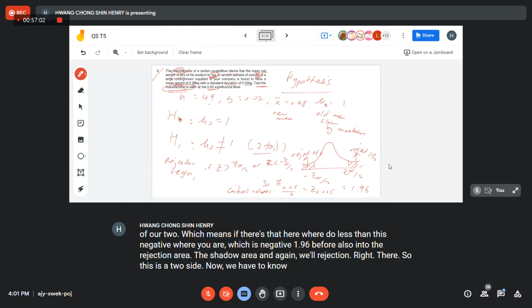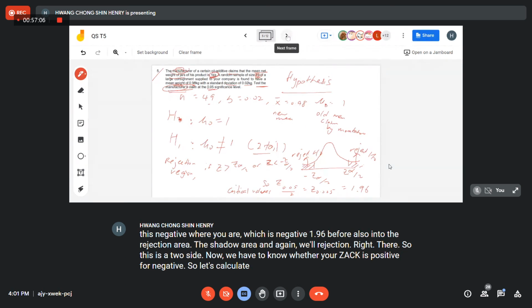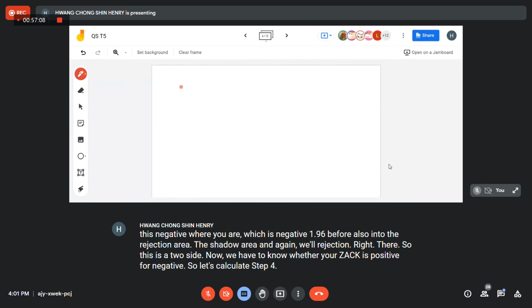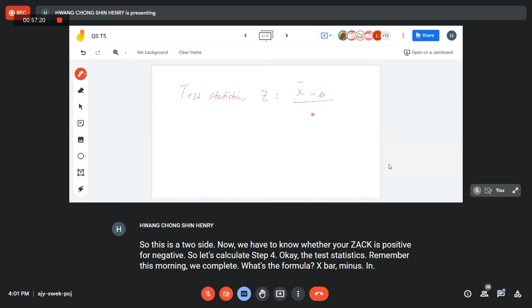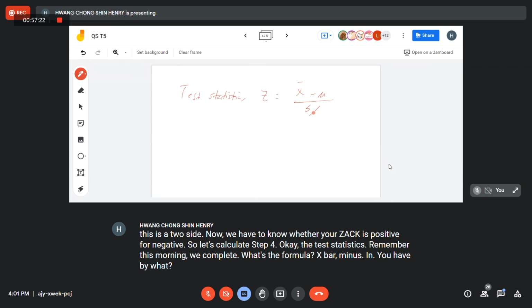Now we have to know whether your Z is positive or negative. So let's calculate step 4. Calculate the test statistic. Remember this morning we calculated, what's the formula? X bar minus mu divided by what? Sigma over square root of n.